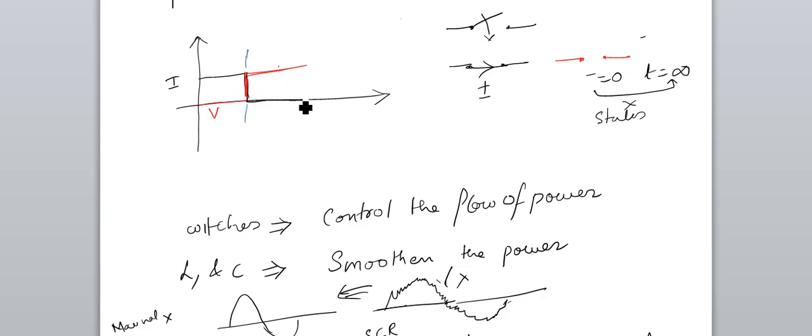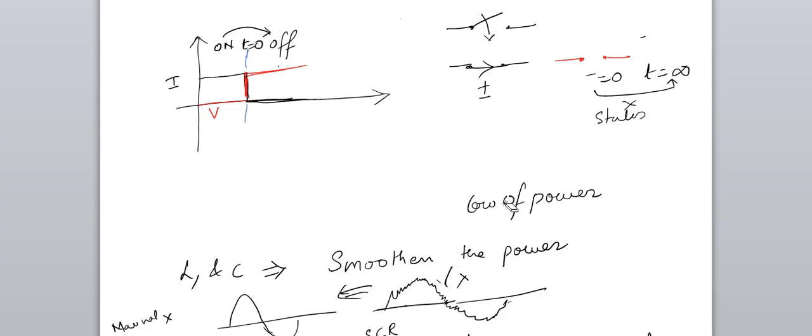So this is my on condition and this is my off condition. The transition from on to off takes a very small time, or you can say zero time, no time at all. This is the condition for your ideal switch.